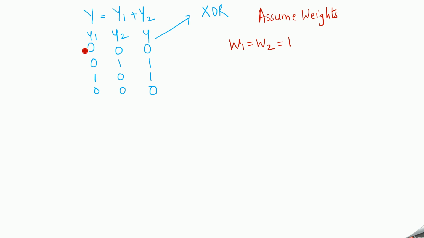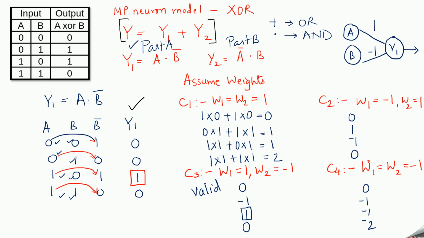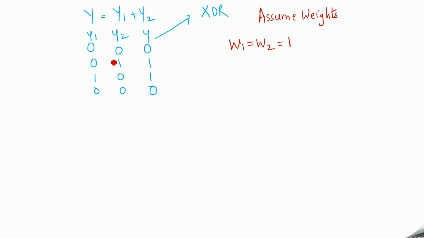All right, so A and B values are 0 0 1 1, and here it would basically be your 0 1 0 1. These will be considered when you are multiplying with the weights. That is why I have taken this particular separate color.